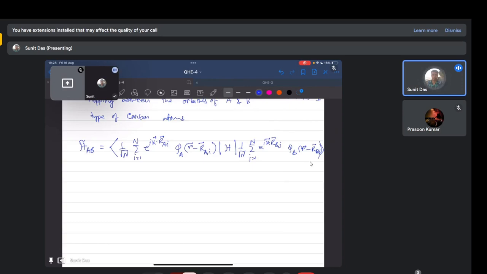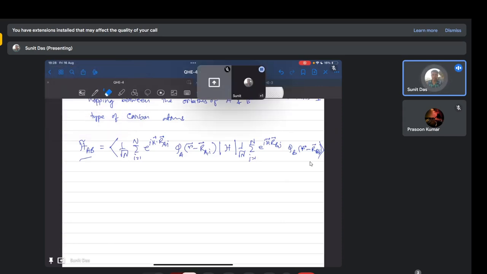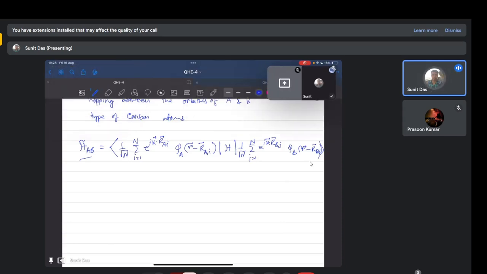Okay, so what does it represent actually? HAB tilde includes a sum over all the A type of atoms and all the B type of atoms, or let's say all A sites and all B sites present in the system, right? Because i goes over the unit cells, and in one unit cell we have only one A type of carbon atom and one B type of carbon atom.